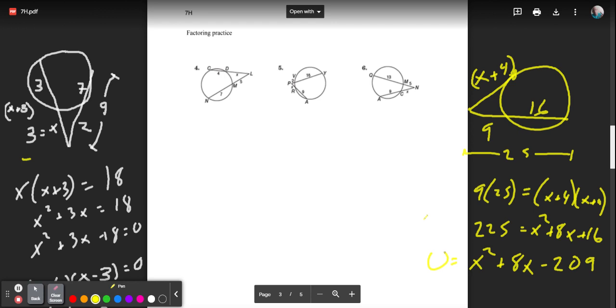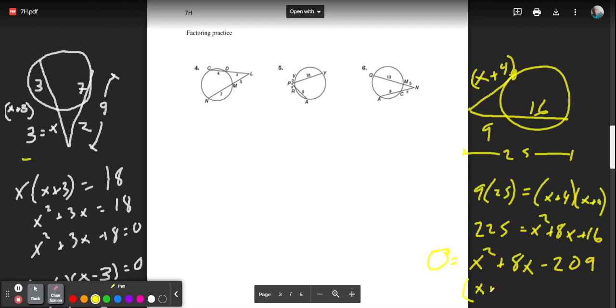Now this will take a little bit of work. We're looking for all factors of 209, and you can even research it on the internet if you want to, to find the numbers that multiply to negative 209. The two numbers are going to be positive 19 and negative 11.